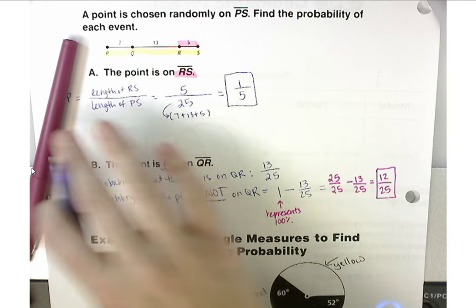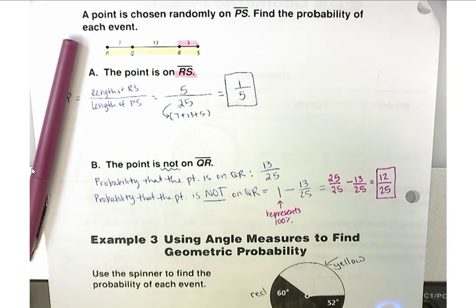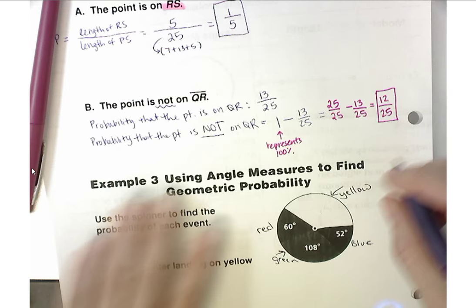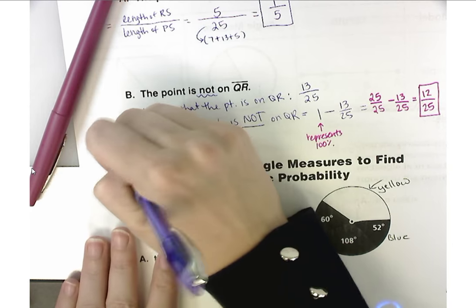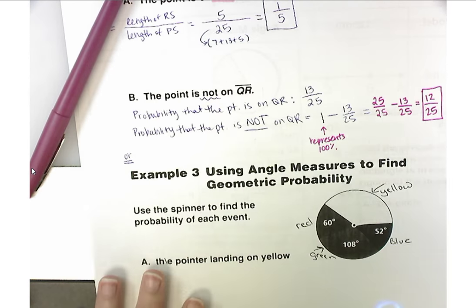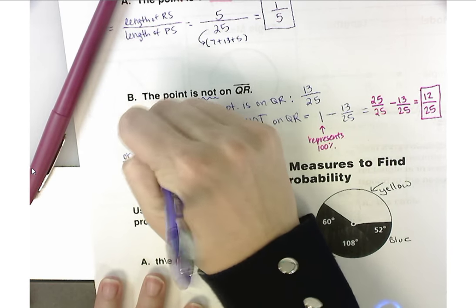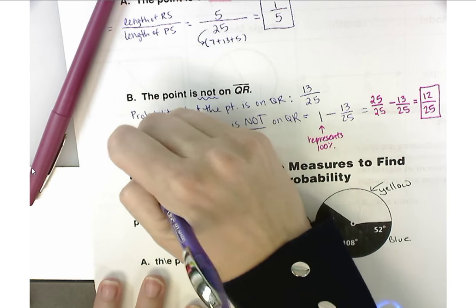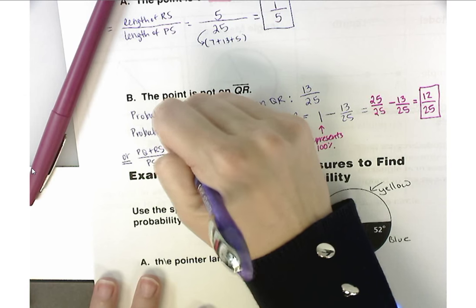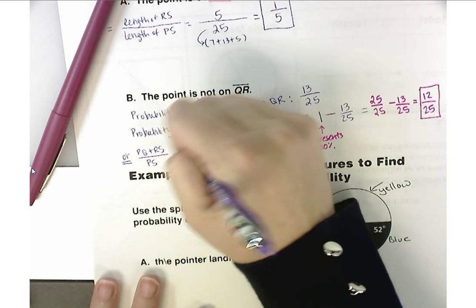You can add, say it again? 7 and 5. Okay, and why 7 and 5? Okay, so the 2 segments that are not QR are PQ and RS. And so you could put those lengths over PS. So you'd have 7 plus 5 over 25.